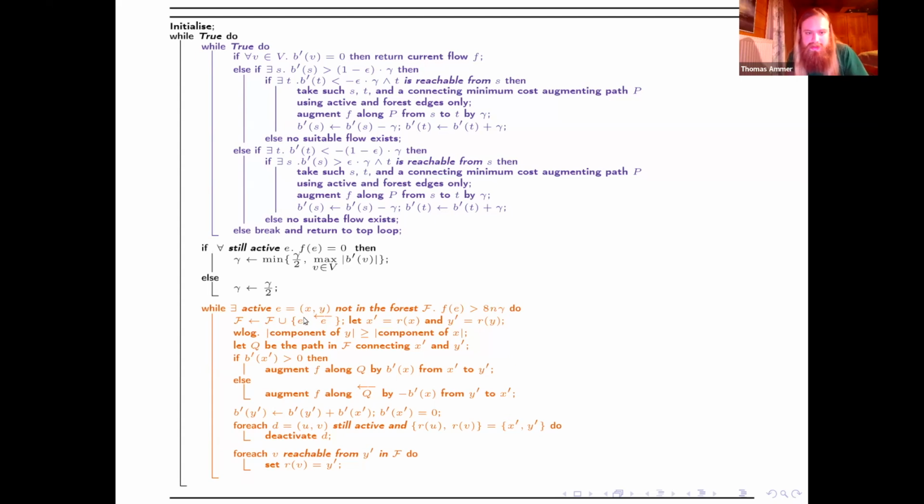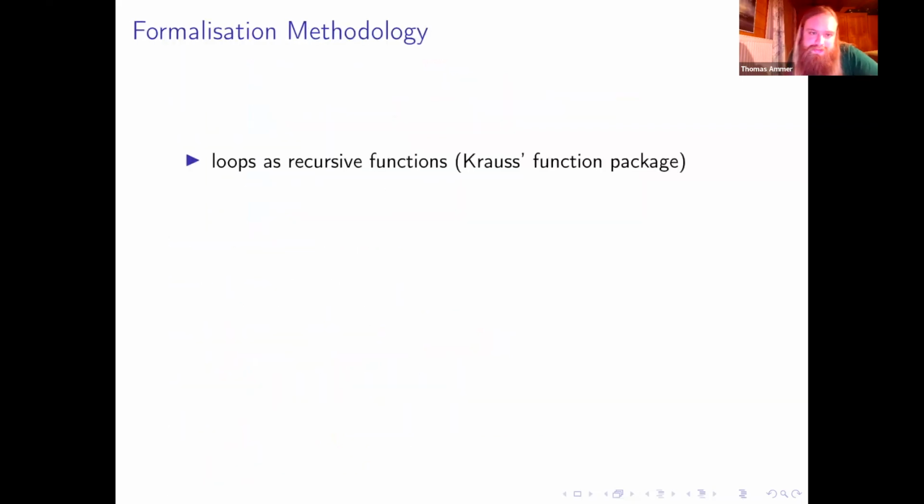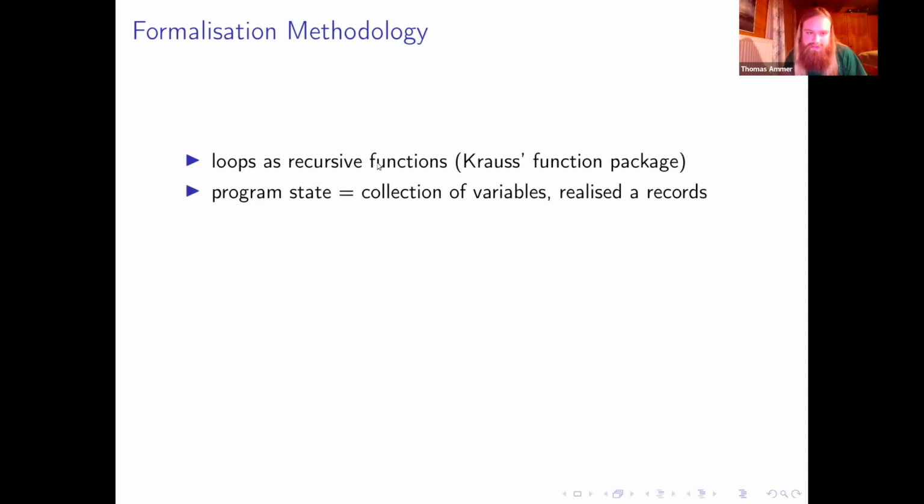Okay, so you see Orlin's algorithm is pretty involved, and formalizing and verifying such a method in a proof assistant is really a non-trivial task. Okay, how can that be done? So the loops, the most important control structure here, are formalized as recursive functions.